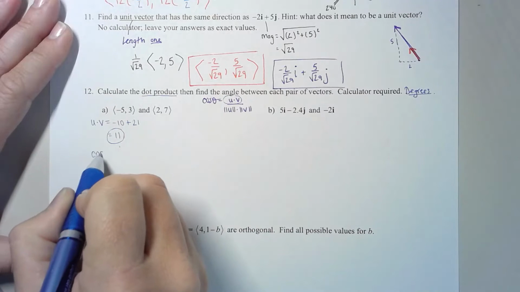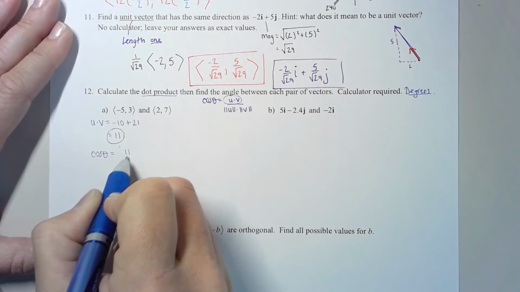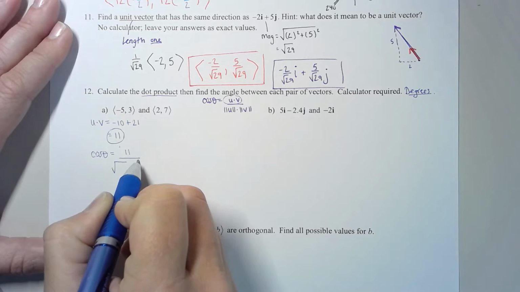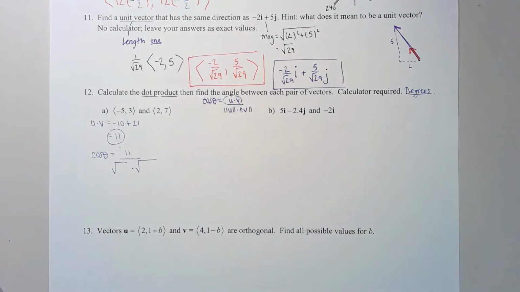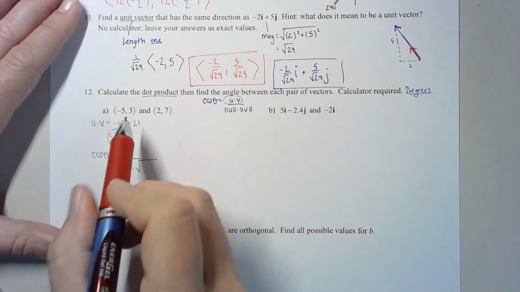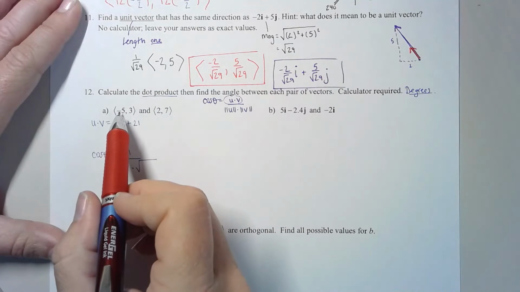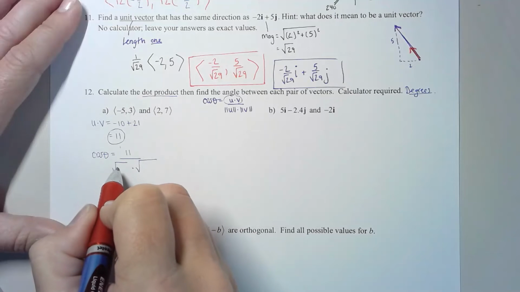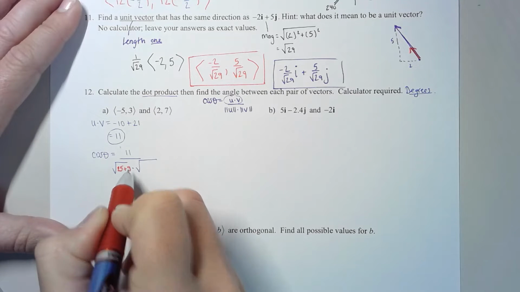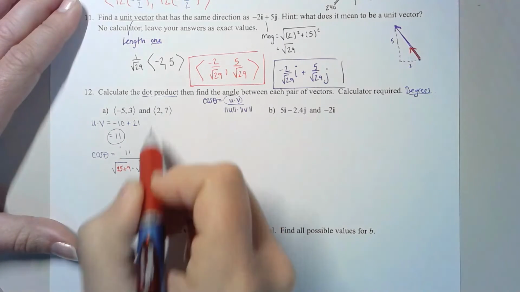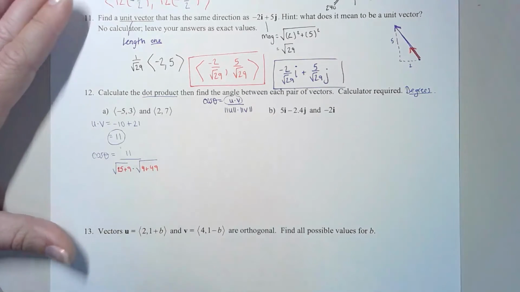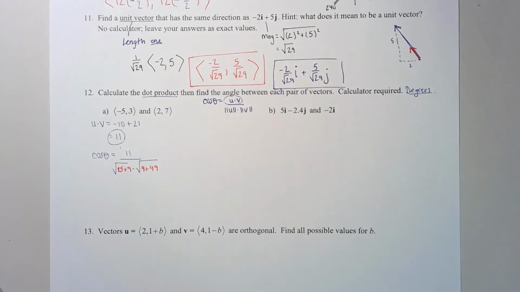So I have the cosine of the angle equals 11 over, and then I need to find the magnitudes of both vectors. And we already talked about magnitude. We take a squared plus b squared. So 5 squared is 25. 3 squared is 9. 2 squared is 4. 7 squared is 49.